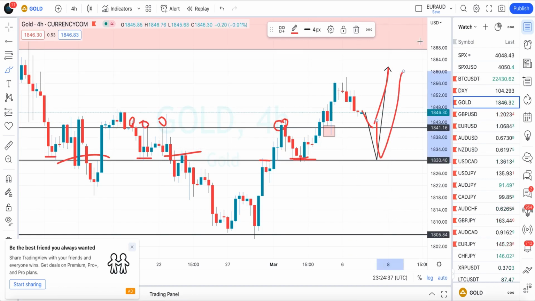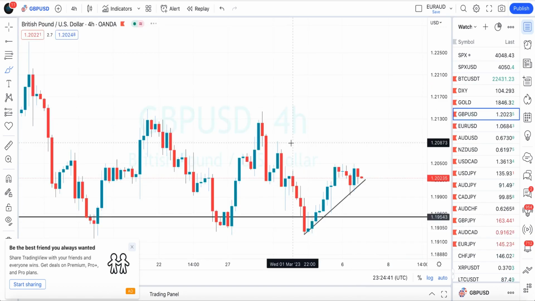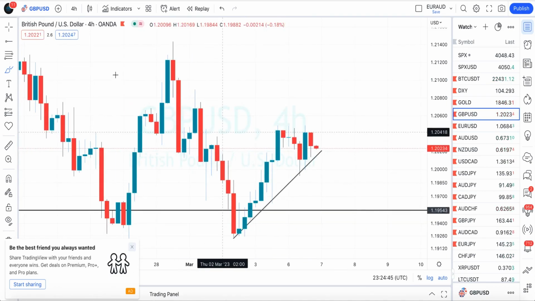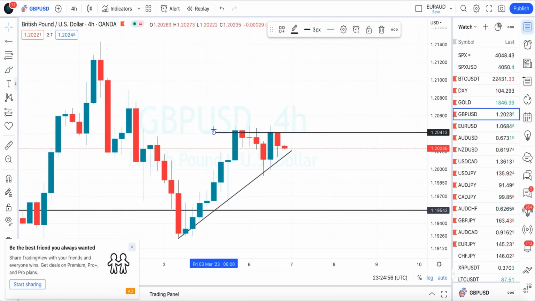The next one we want to talk about is GBPUSD. If you check the 4-hour time frame, you can see that this place is a very strong resistance level. Price has come here and tested it multiple times, and we just keep having a rejection. Even when we have a very high bullish momentum candle, we still have a rejection candle.